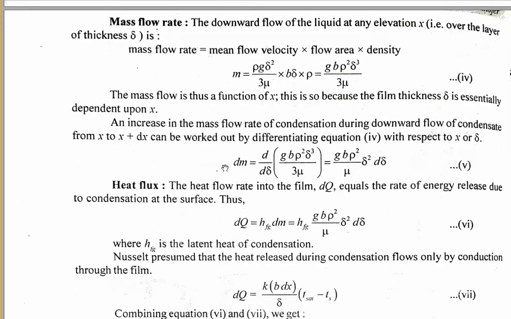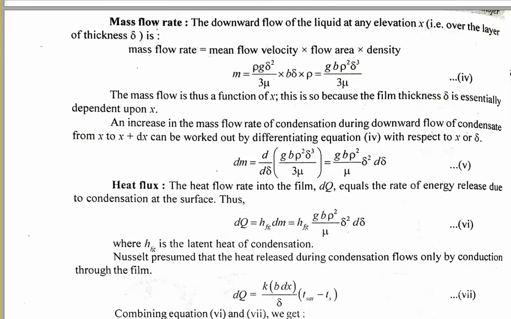Now we have to find out the mass flow rate from this equation. For the downward flow of the liquid at an element x over the layer of thickness del, the mass flow is equal to mean flow velocity into flow area into density.